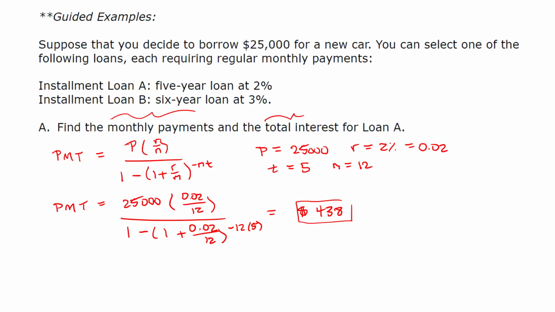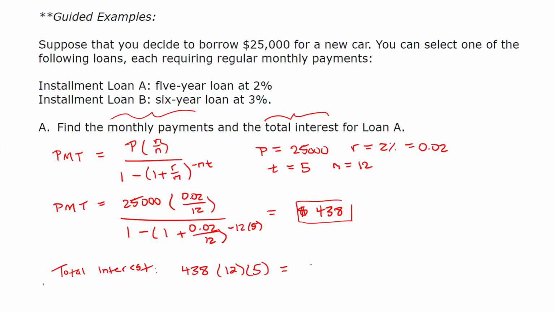Now we need to find the total interest. For total interest, we are going to be paying $438 for 12 months, or I guess I should say for each month for 5 years.